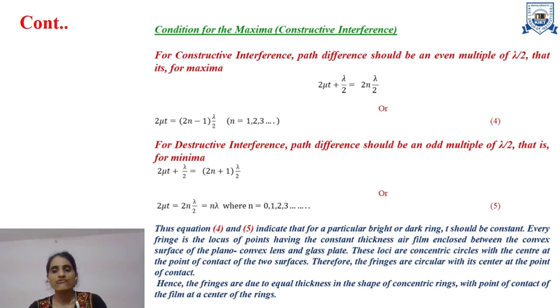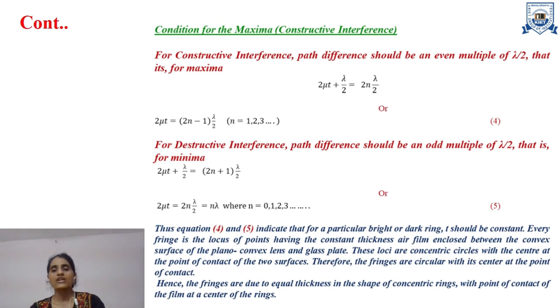So from equations 4 and 5, it indicates that for a particular dark or bright ring, the thickness should be constant. Every fringe is the locus of points having the constant thickness of air film enclosed between the convex surface of the plano-convex lens and glass plate.